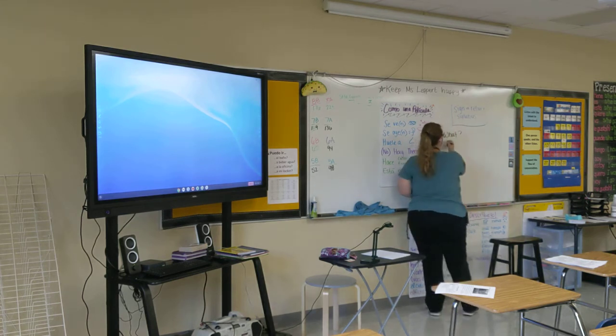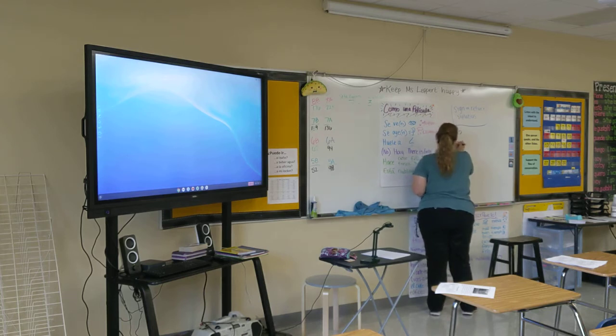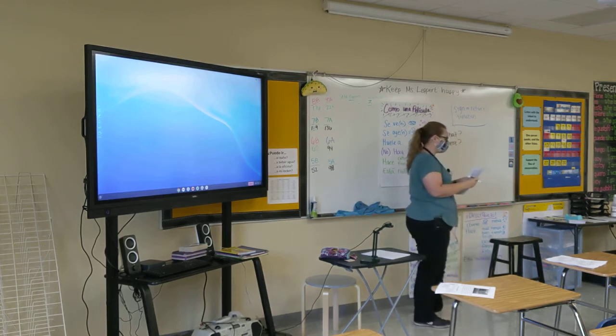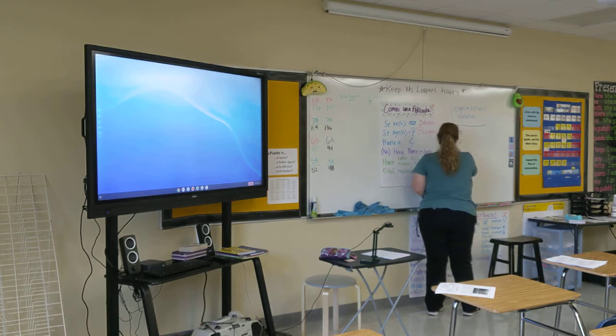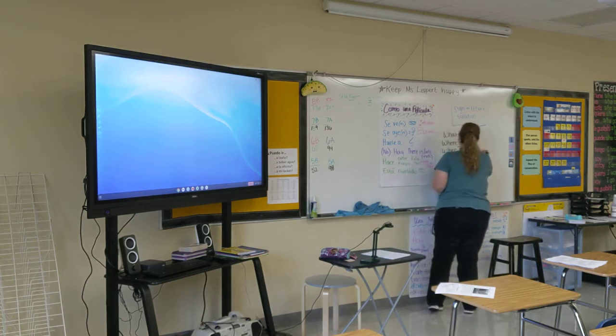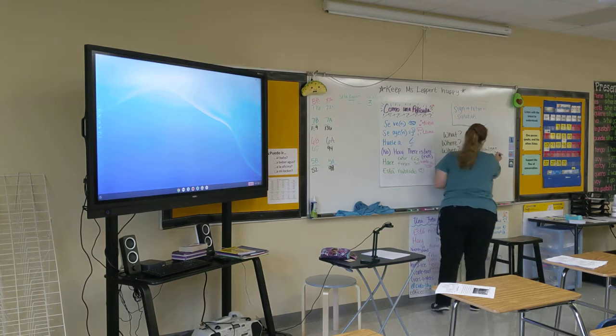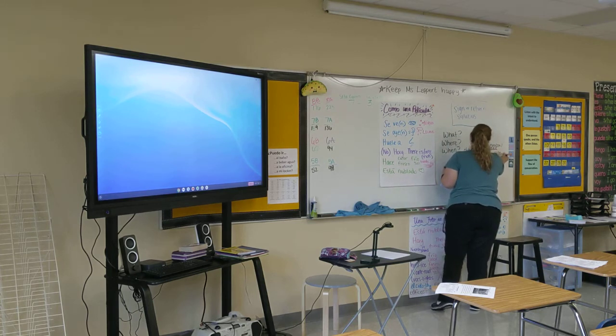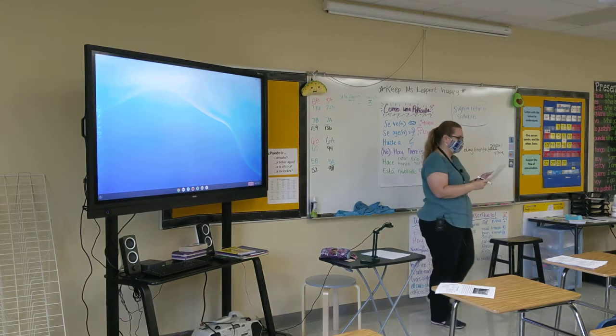Okay, you're going to say where it is. That could be a city, it could be a state, it could be a country. And you're also going to tell me when. So when could be a day, a month, a season, could be a time. Any of those can answer the when question, okay?